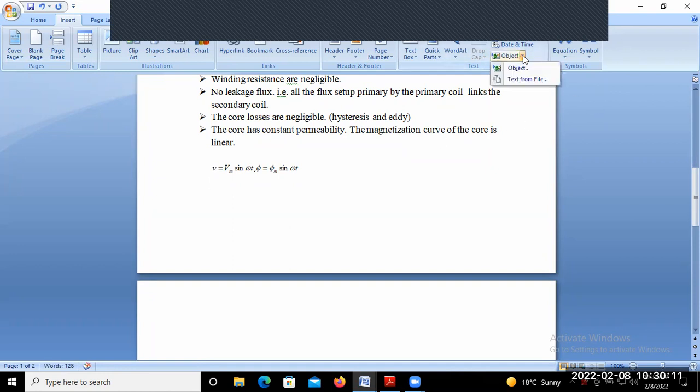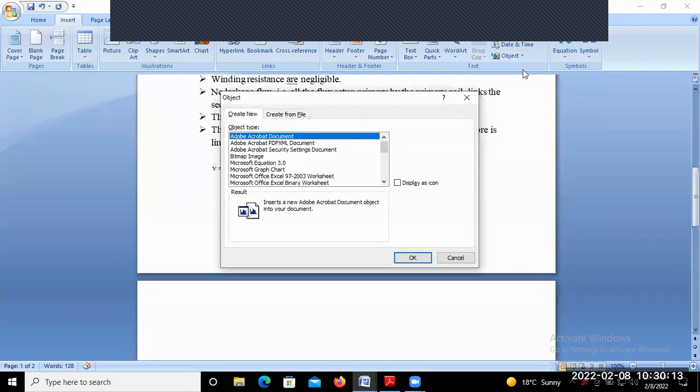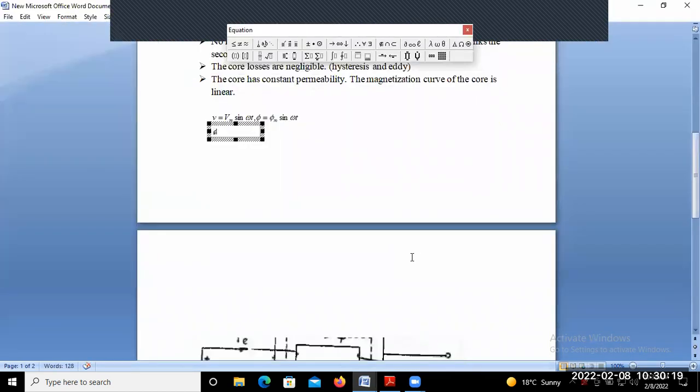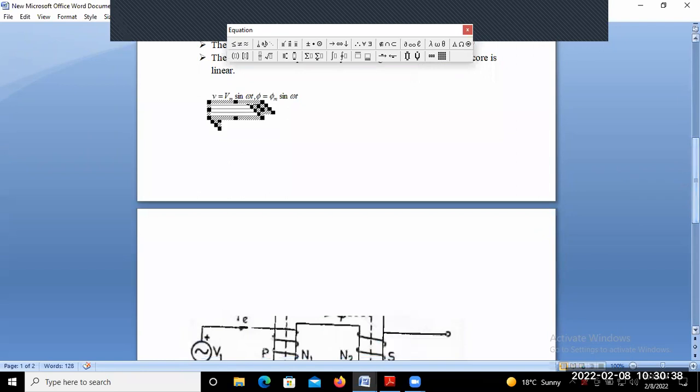Just write the equation for the EMF induced. According to Faraday's second law, the EMF induced in the coil equals minus... We are discussing the primary coil. What is the number of turns for the primary coil?